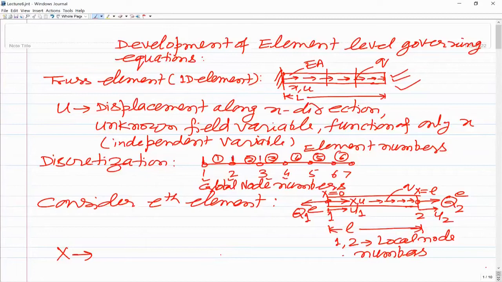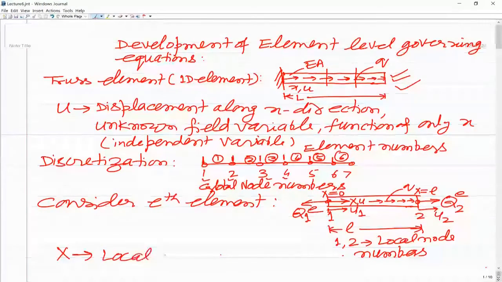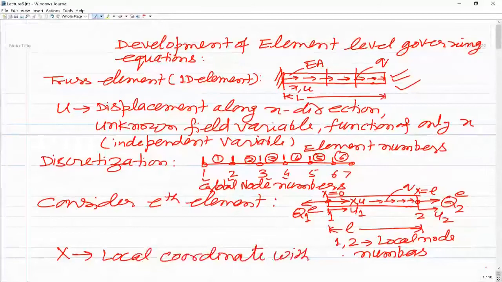For this, it would be here. For element 4, it would be here. For element 5, here. For element 6, here, like that. So X is the local coordinate with origin at the left end of the element.